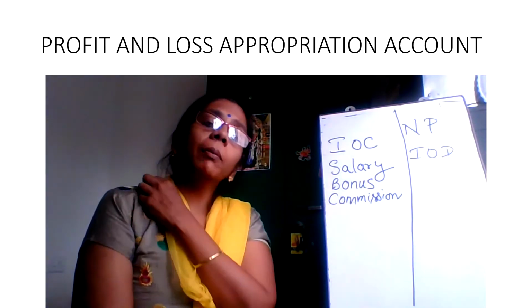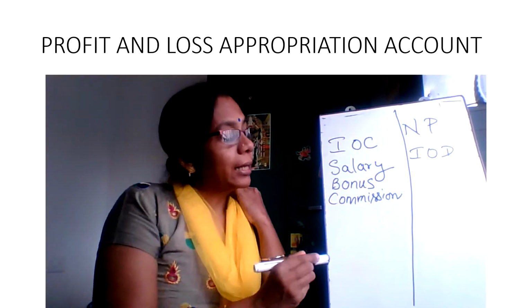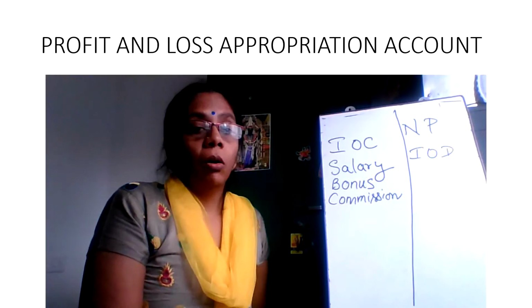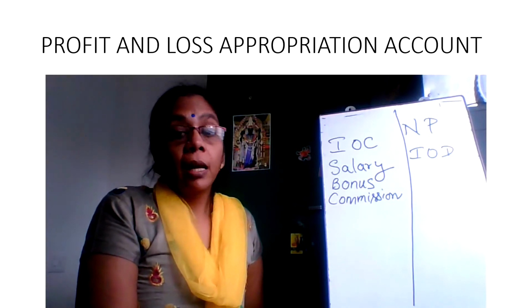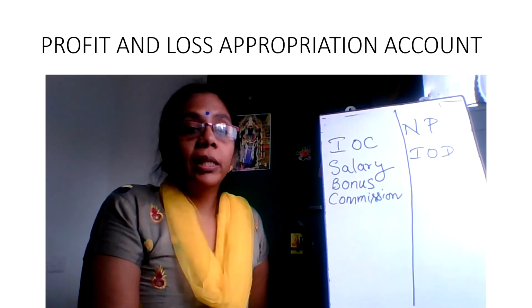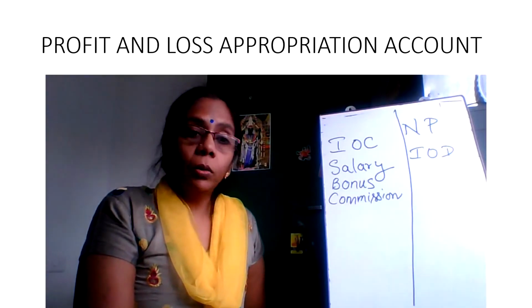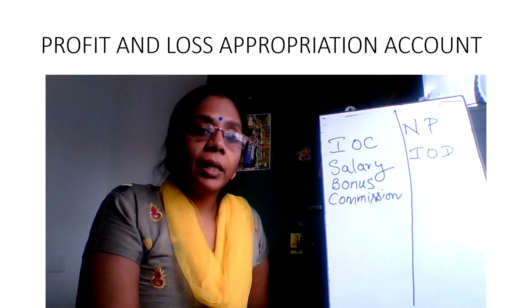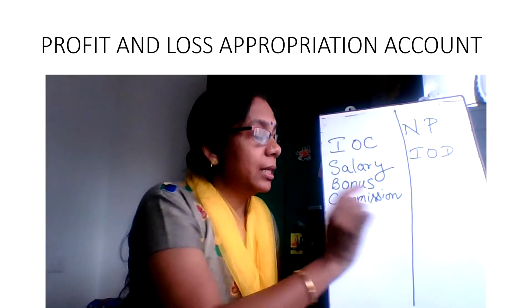Now having drawn up all these entries, the next step would be you need to take the totals of each one of these sides, like how you used to do in the trading and profit and loss account. Similarly, here also you are expected to take the difference money.